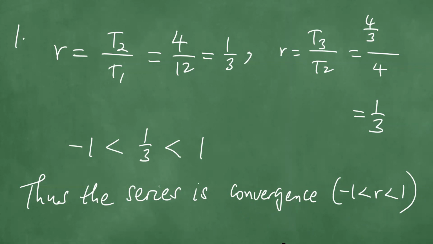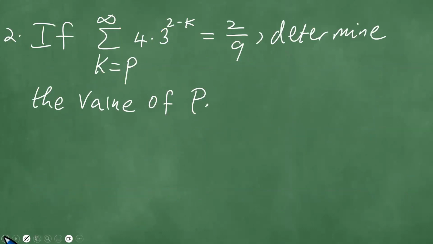Now, there are a couple of other things that you need to sort of master in this case. So let's just continue and analyze the next question. We've proven that it's convergent, but now here is this one. This one says if the infinite series from k equals p to infinity of 4 times 3 to the power 2 minus k equals 2/9, determine the value of p.